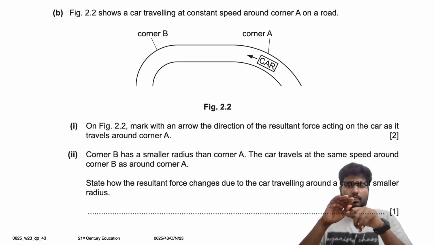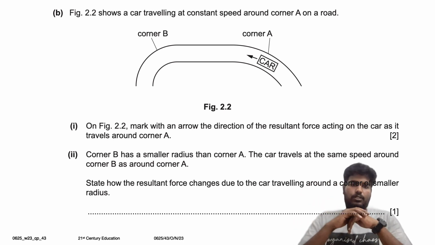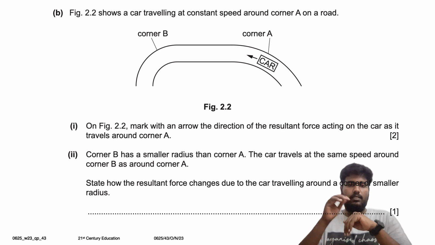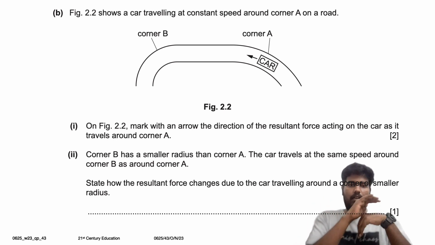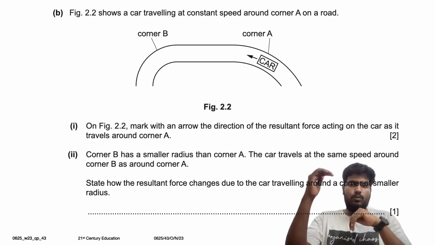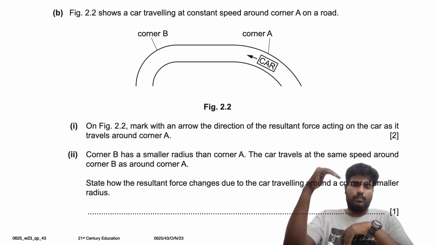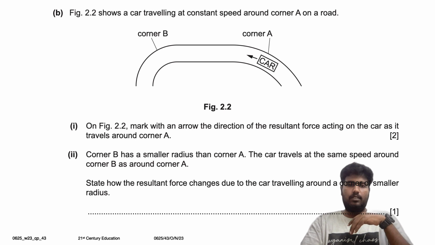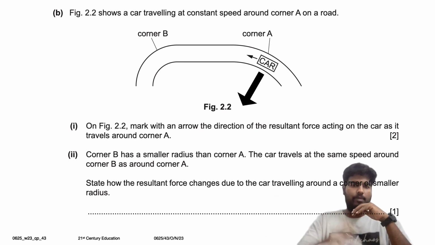In order for the car to turn around, it should have a centripetal force towards the center of the circle. Even though there is no circle, we can see that the road curvature can form a small circle here. So the resultant force will be towards the center. It will look like this. It's an imaginary center, there's nothing actually there.